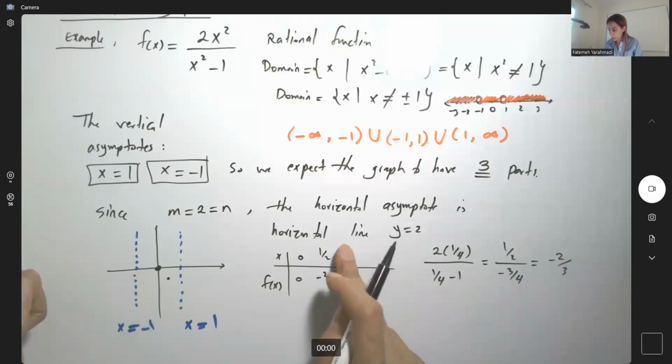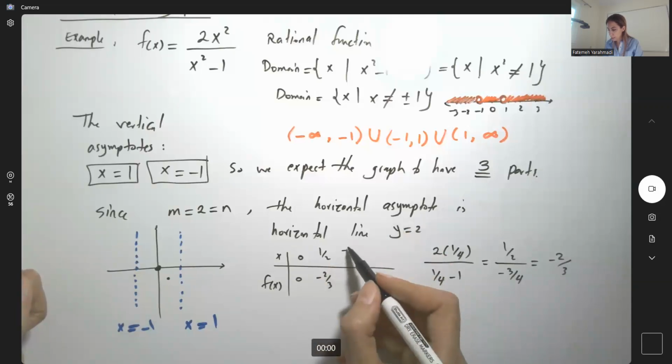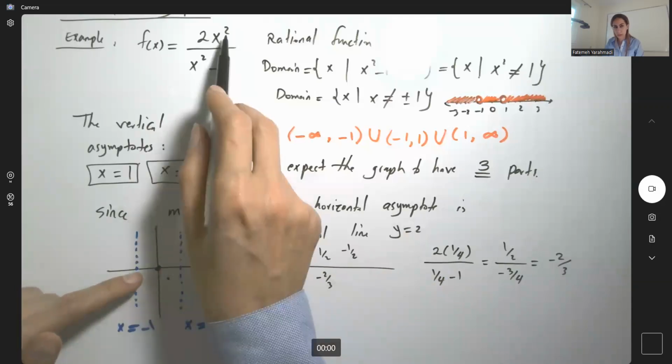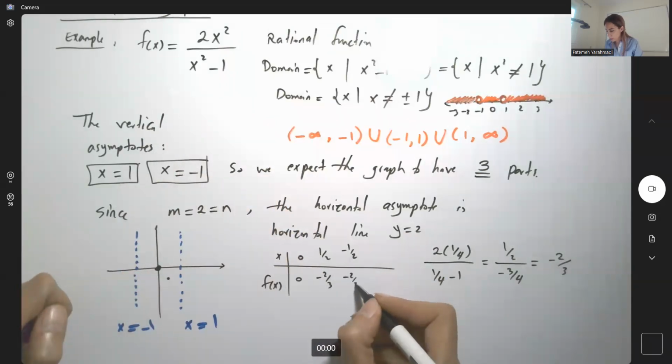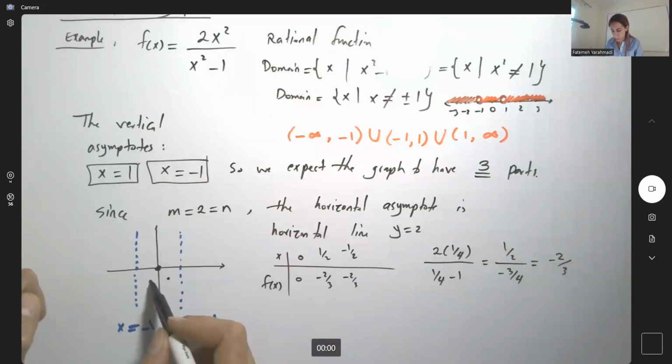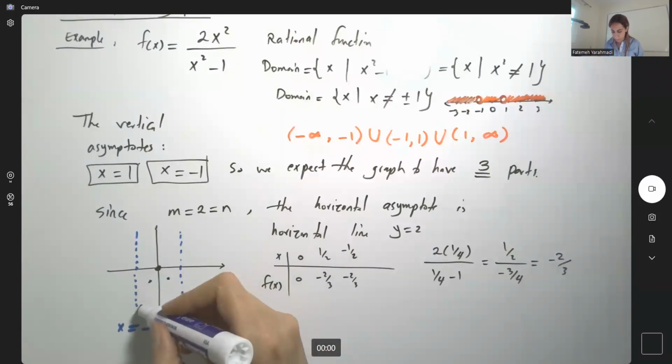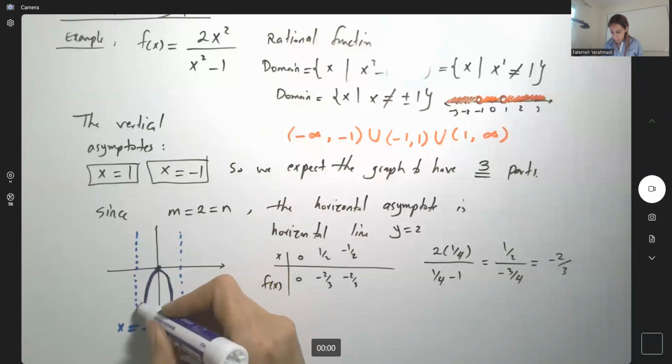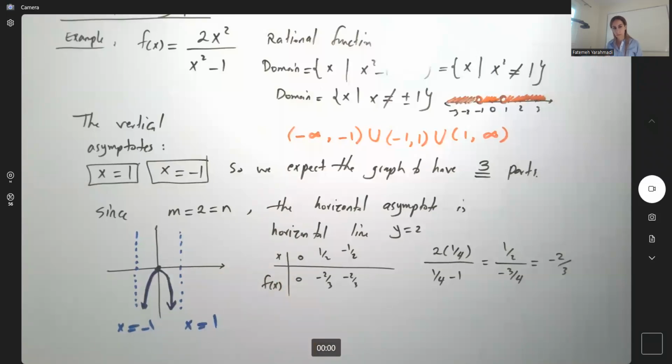If you plug in negative a half, you're expecting to get the exact same result because these two have positive exponents. You get negative 2/3. So we expect the middle part of the graph behaves like this. So this is the middle part of your graph.